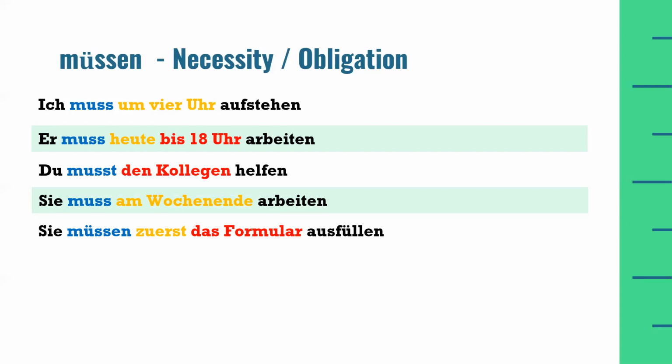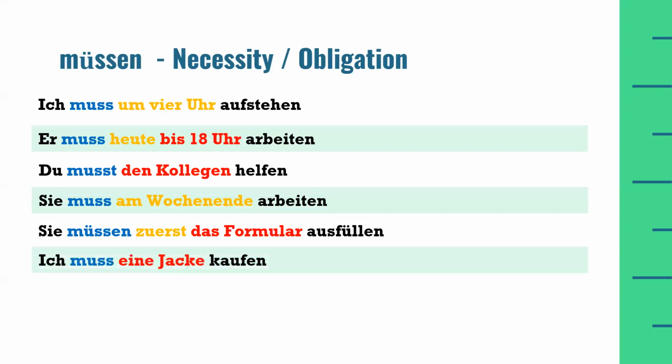In the example before, the sie was used in the meaning of she because we have used the muss conjugation of müssen modal verb. In the next sentence, we are using sie as the subject of sentence, but here sie means you in a formal way because we are using the conjugation müssen.